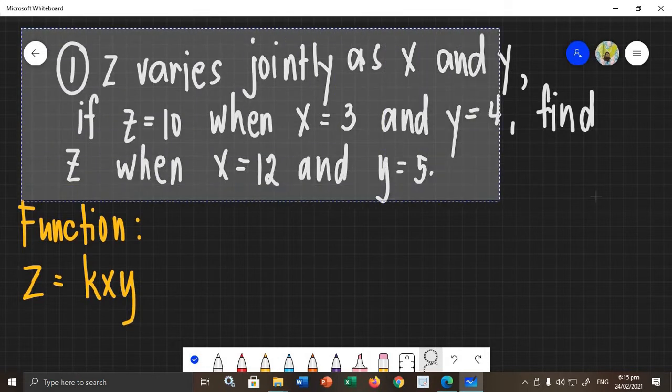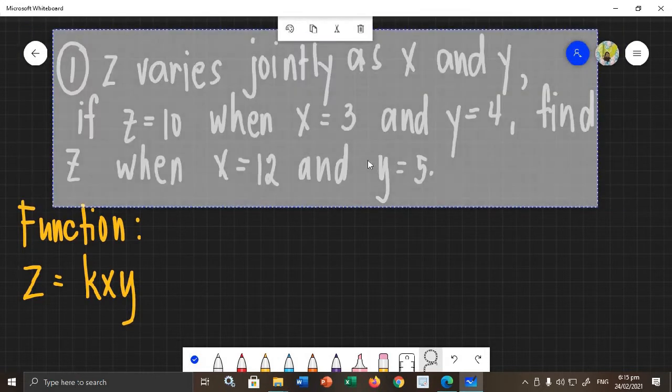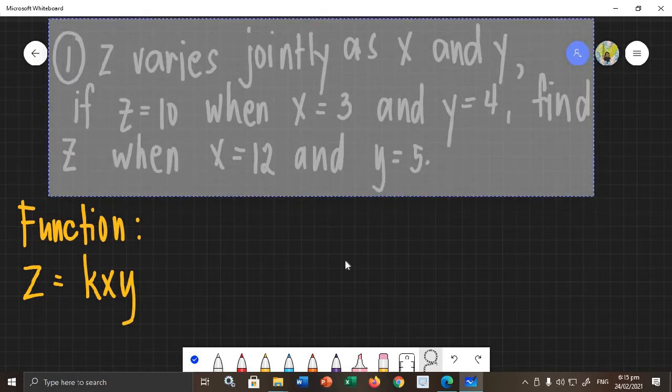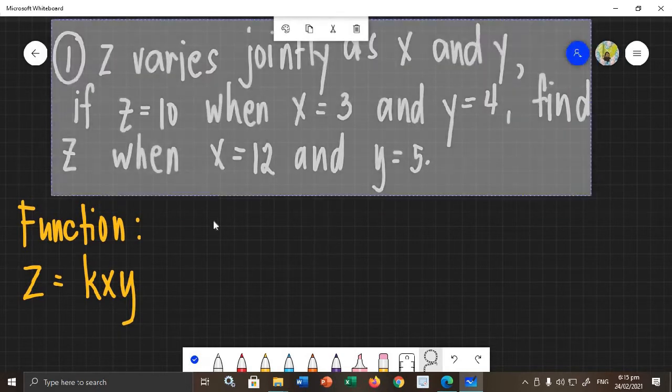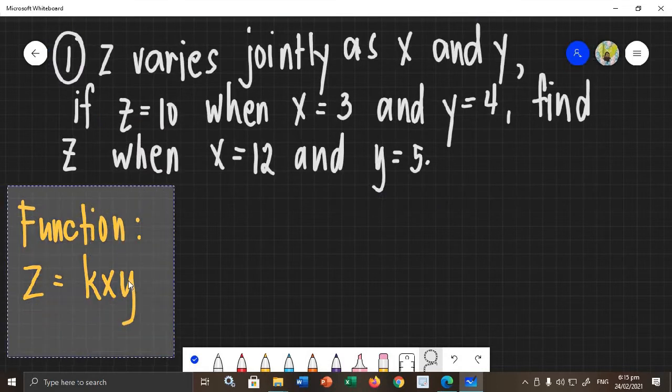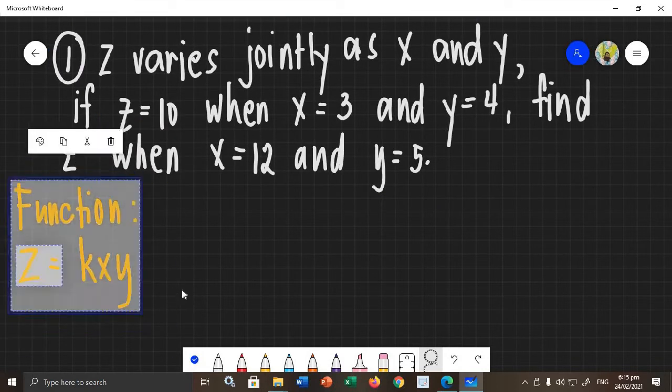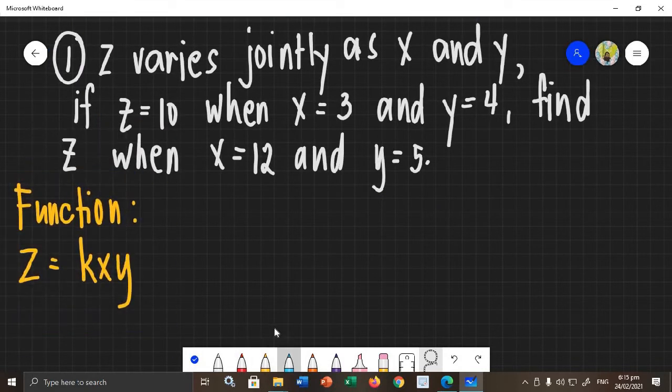So now, what we need to do is to take a look at your problem. Kung napapansin nyo sa problem nyo, walang binigay na value sa constant of variation. If that is the case, you need to first find the value of k, which is the constant of variation, before you find the value of z. Okay? So this will be your solution.